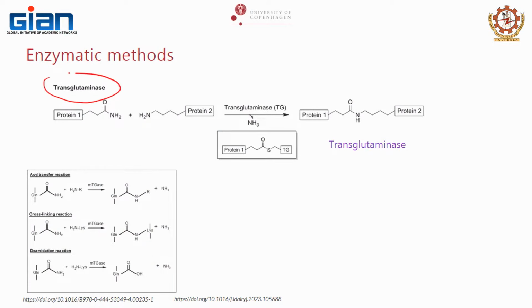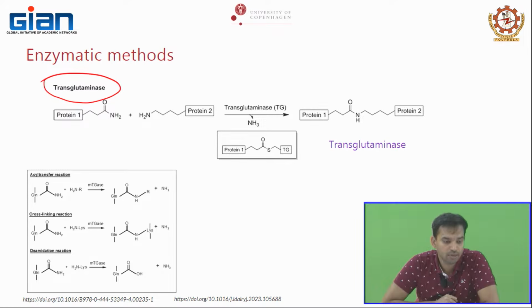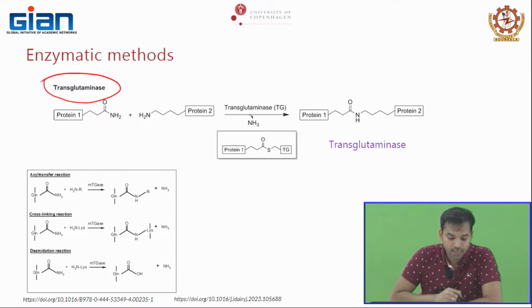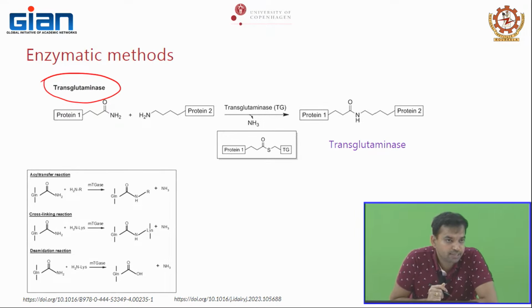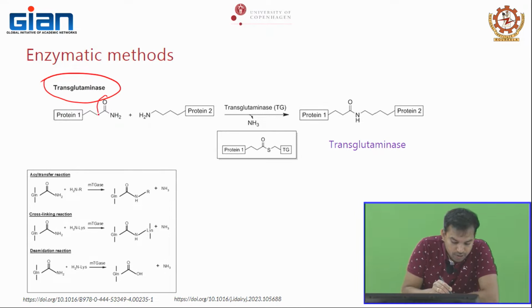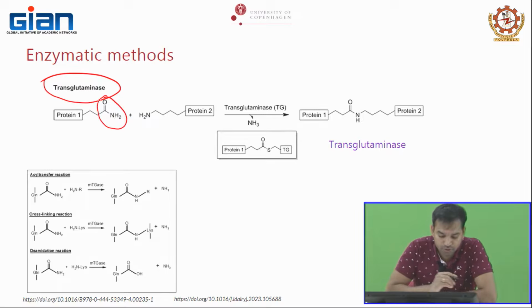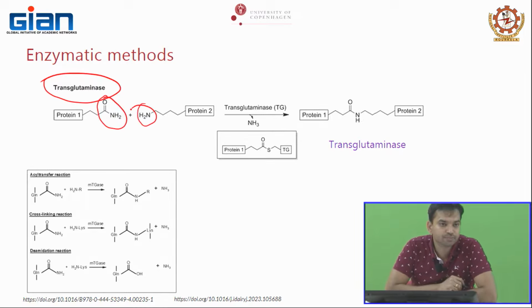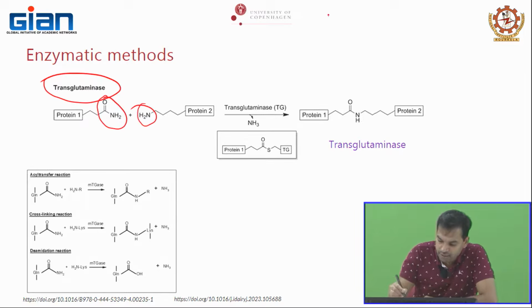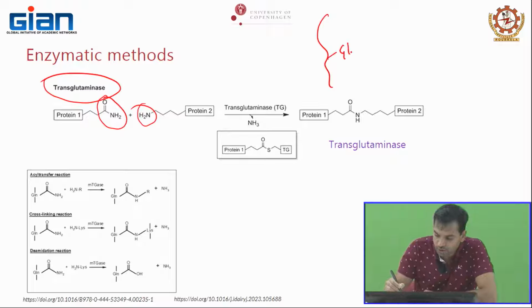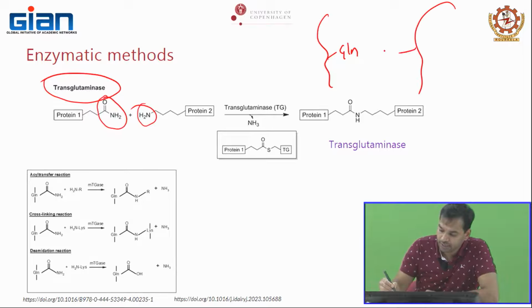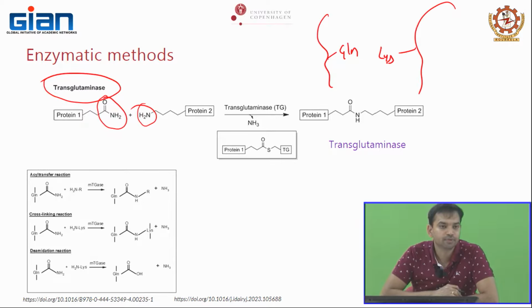The first one is the most important experiment, the thing we do nowadays, using transglutaminase. It is an enzyme to modify proteins. Transglutaminase is an enzyme that will cross-link two proteins. Basically, it will cross-link glutamine residues with lysine residues. Now, imagine you have two proteins, one with glutamine and another with lysine, right.